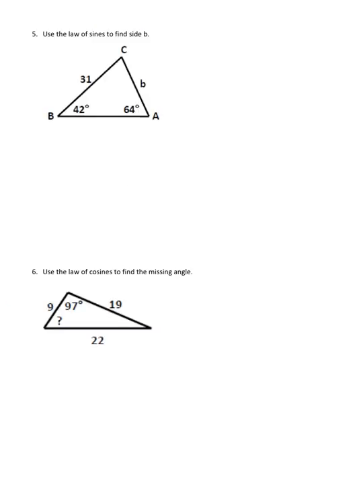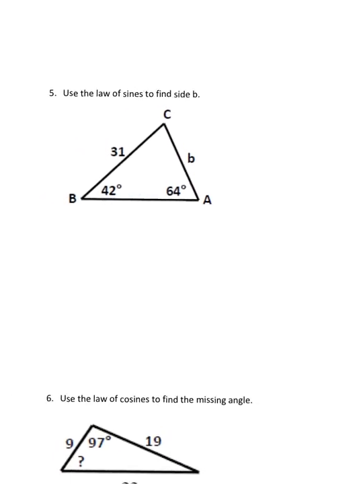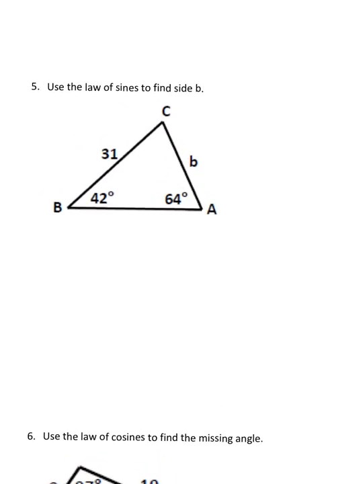All right, moving on to law of sines and law of cosines. So your test is going to tell you which method that you need to use to solve it. So for this one, we are using law of sines, and we're solving for side B. So I'm just going to add some extra labeling here so it's super clear what's what. Okay, that's it.